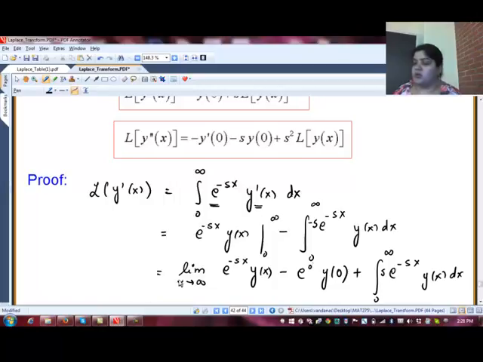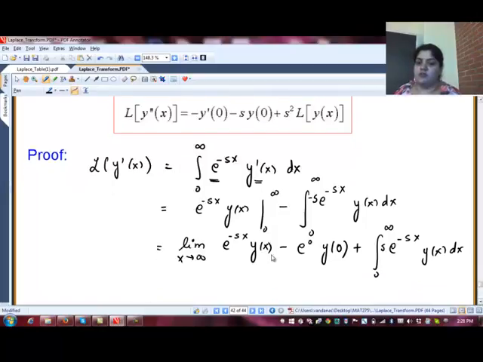Okay, so now as x approaches infinity, what will happen to this term? It will go to 0 provided s has to be positive.